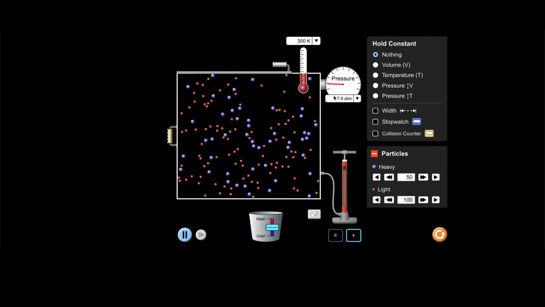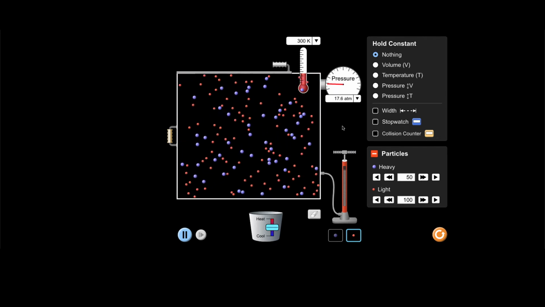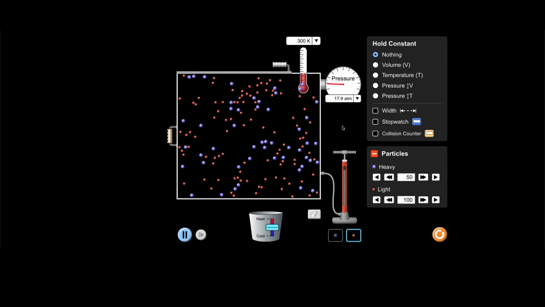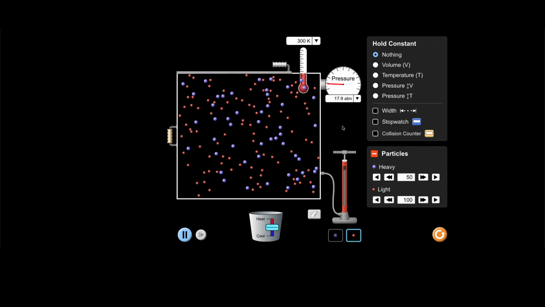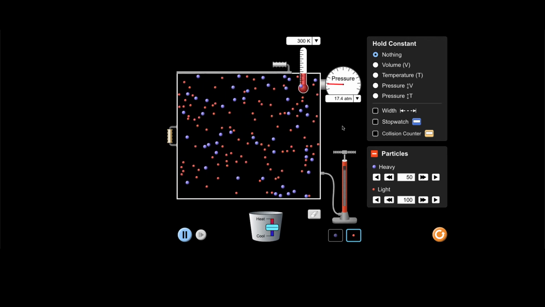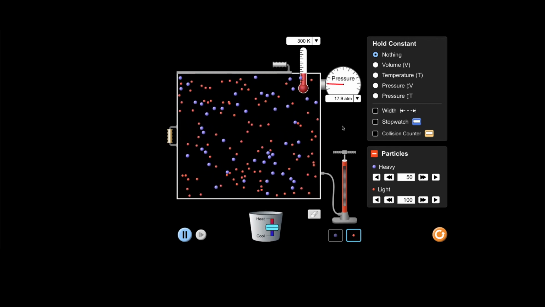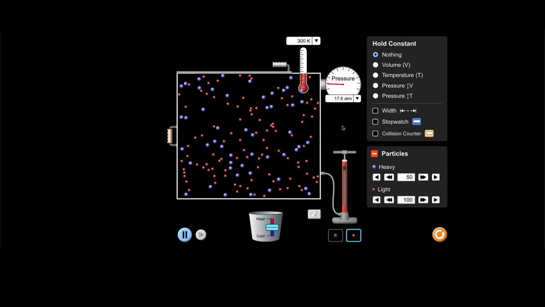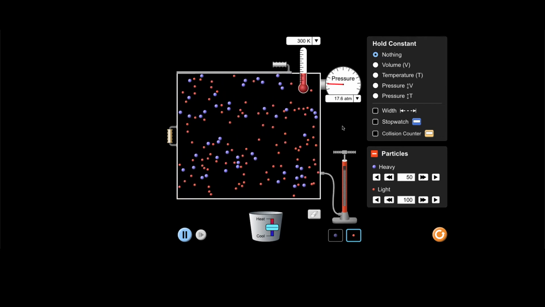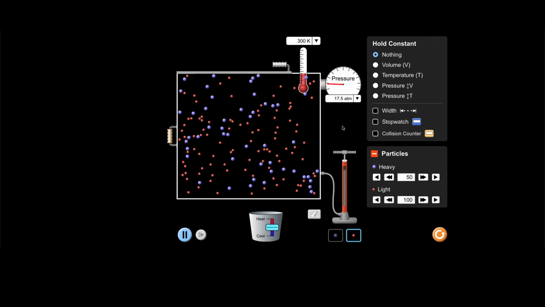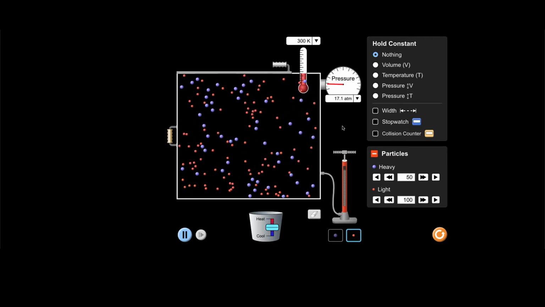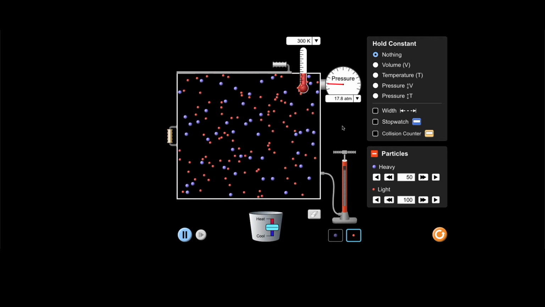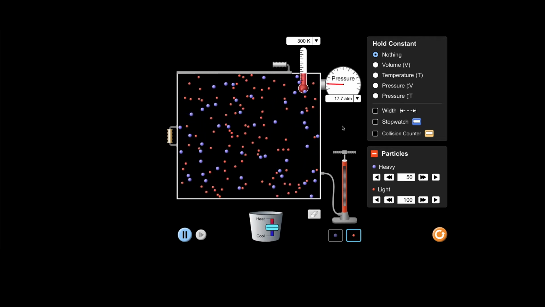Now, pressure is another property that we can think of in a little bit more detail. If we realize what pressure is all about, pressure is essentially a measure of the frequency and force of collisions that my molecules have with the side of the container. And if we look at this particular demonstration here, we can see that the number of collisions is definitely different between the red particles and the blue particles.